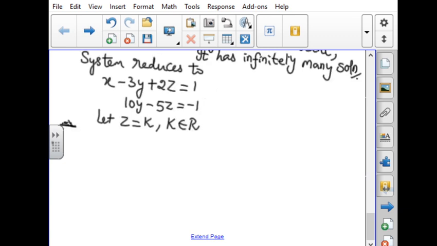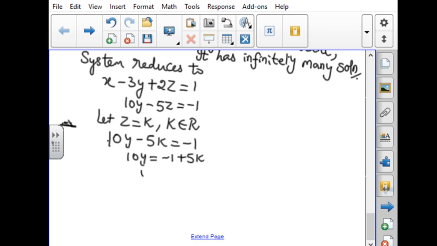So by writing like this, we can write 10y minus 5k is equal to minus 1. We need to find out the value for y. So we can write it as 10y is equal to minus 1 plus 5k.